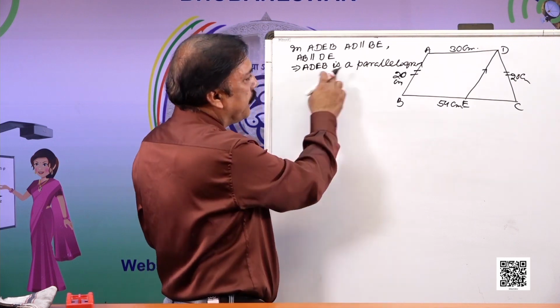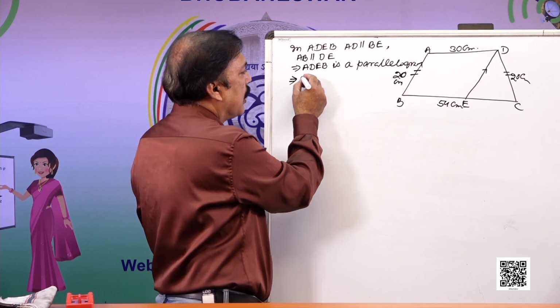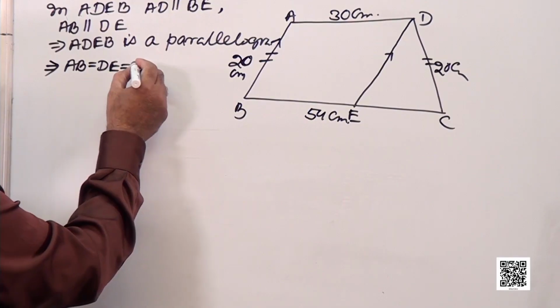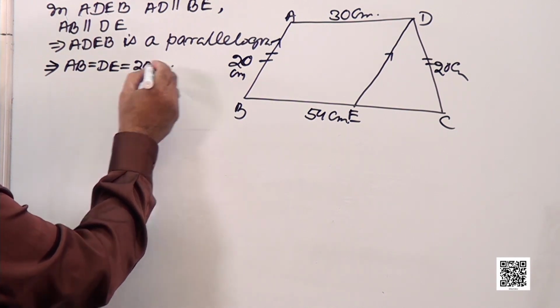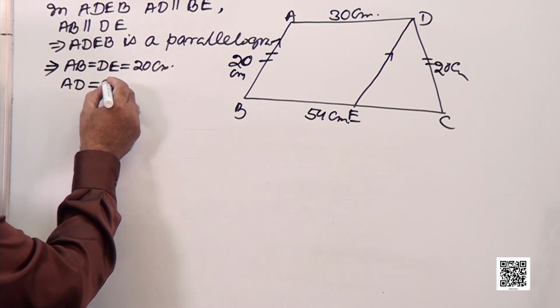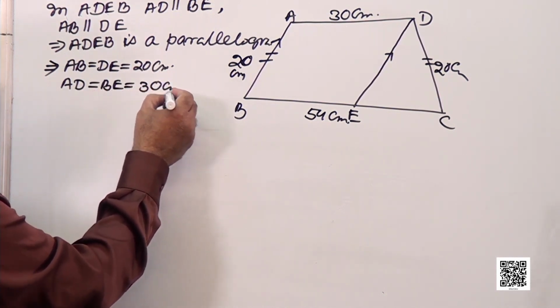If ADEB is a parallelogram, this shows that AB is equal to DE is equal to 20 centimeter and AD is equal to BE is equal to 30 centimeter.